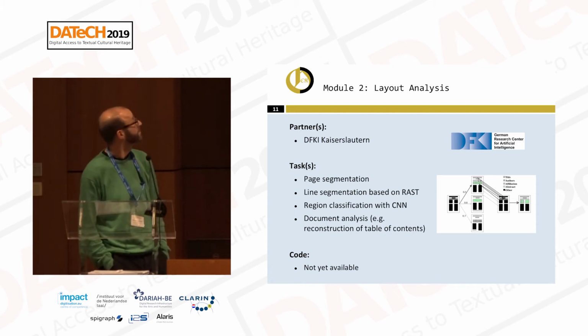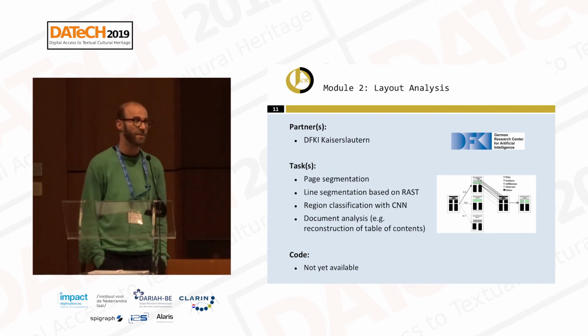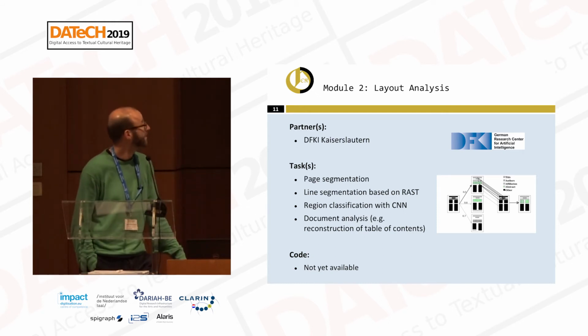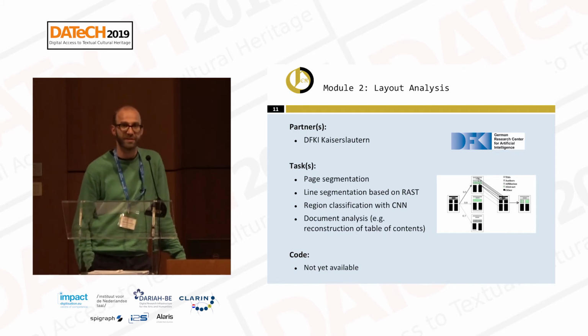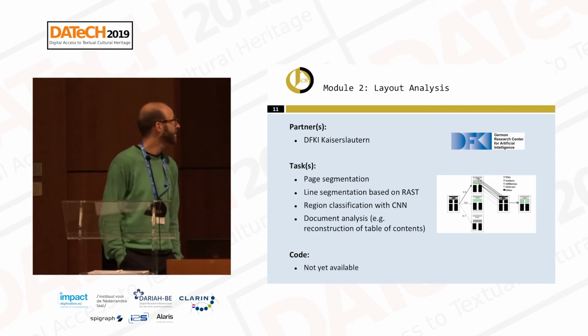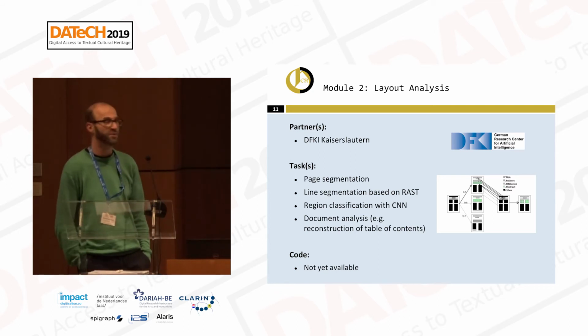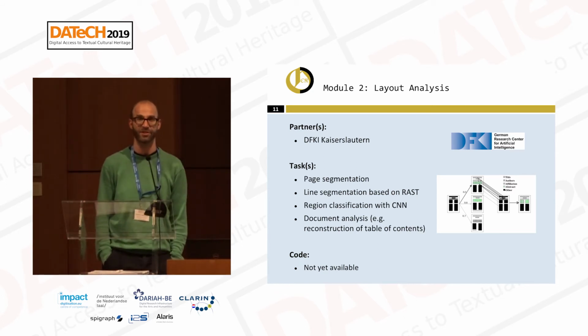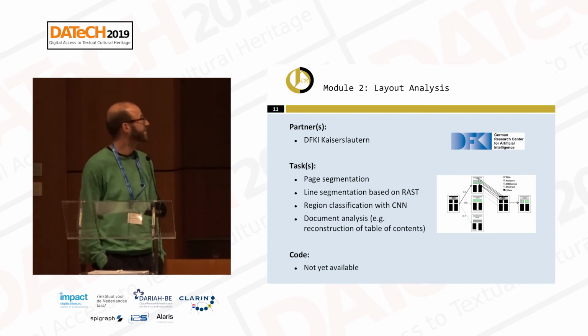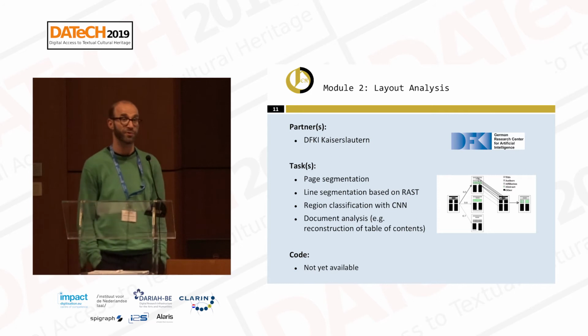And this is the case for every module except this one, where we don't have any code contributions yet from the partner. So you see this is the second step, the layout analysis, which is also operated by the same institute in Kaiserslautern. And also here we see the common tasks, starting with page segmentation, then going to line segmentation. We don't have to do word and character segmentation anymore, as we know these new segmentation-free methods based on neural networks don't require that anymore.